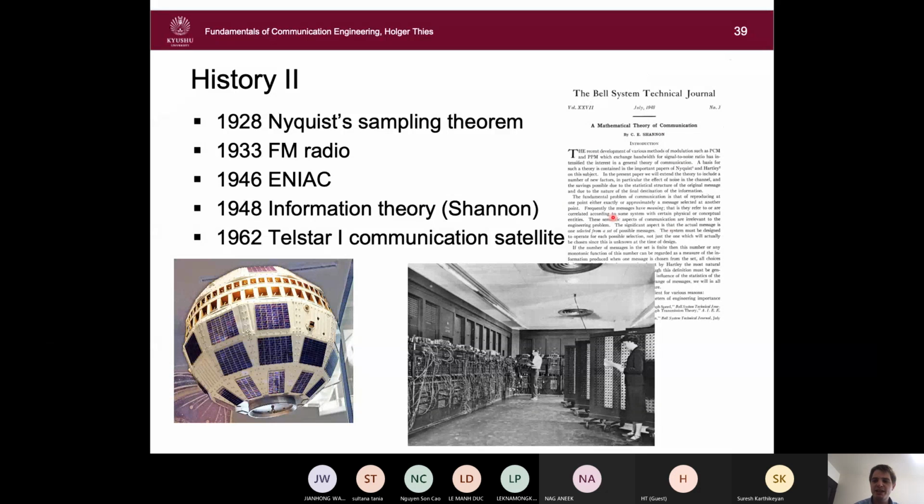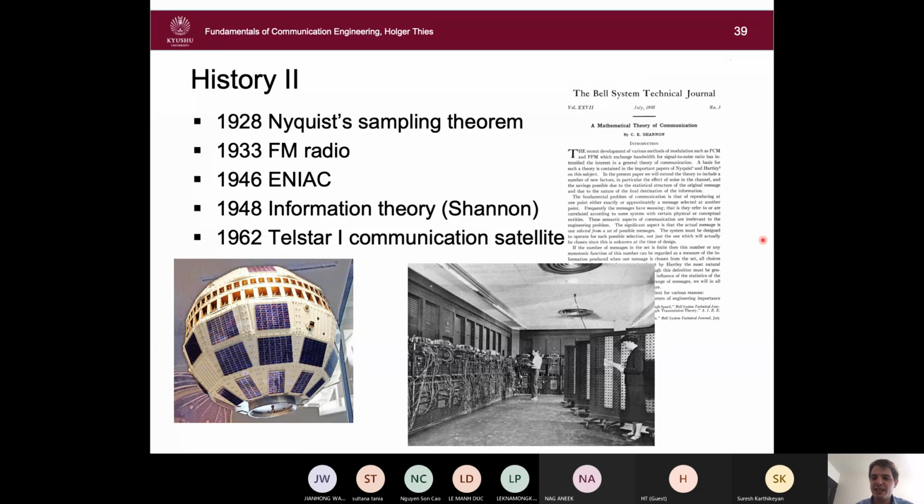There also have been many practical developments in the first half of the 20th century. So, FM radio transmission was invented in 1933. FM means frequency modulation. This is a form of modulation that we will discuss in detail in some of the later lectures.